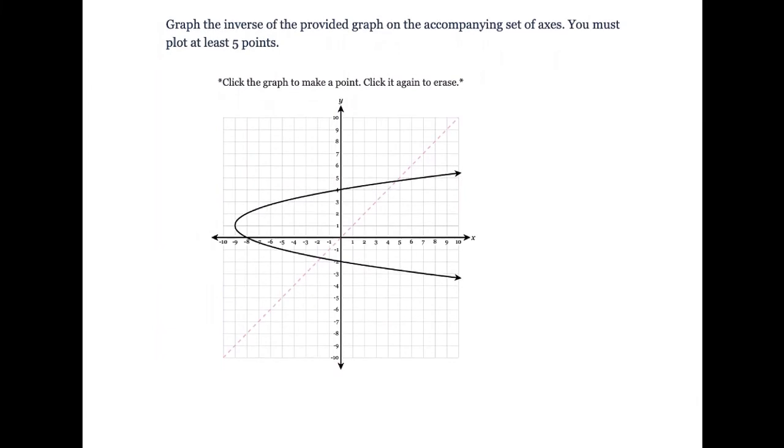All right. If you were asked to graph the inverse, here's a function and you have to graph the inverse. And it says you have to plot at least 5 points. Remember, if the function has the point (a, b), then the inverse has the point (b, a). So you just switch the coordinates.